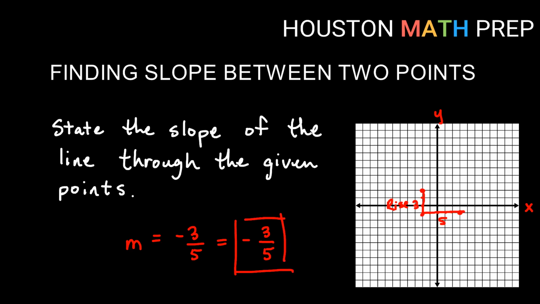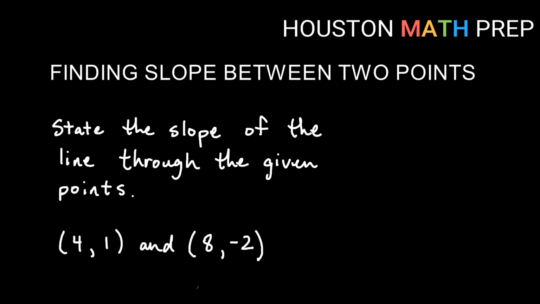Okay, another way you can be asked these is just to be given 2 points. So we'll remember that slope is rise over run. And here's the idea, that is y change over x change. And there's a formula for that if we're going from the first to the second point.